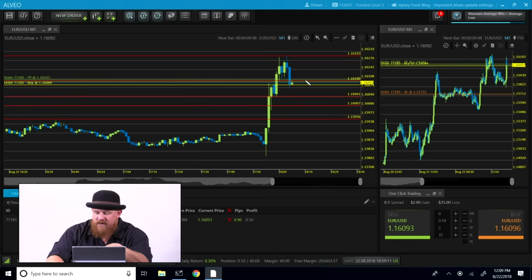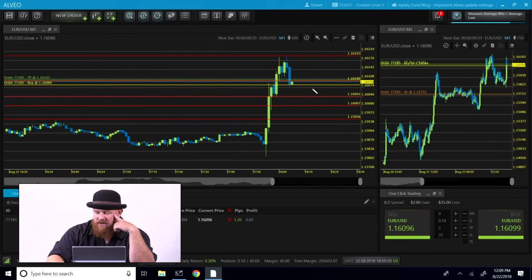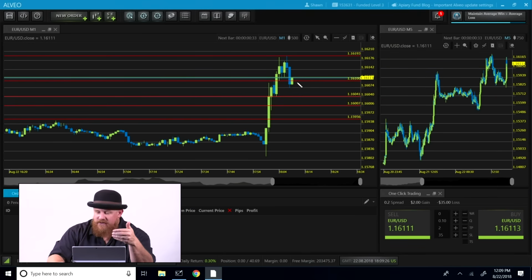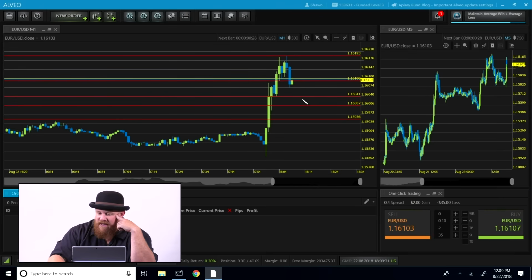Any area between the red lines on the chart is what I call free price movement. The market will freely move between these red lines. Once it hits or comes close to a red line, those are resistance levels or support levels. So what I like to do is place my stops on the opposite edge of one of the red lines.